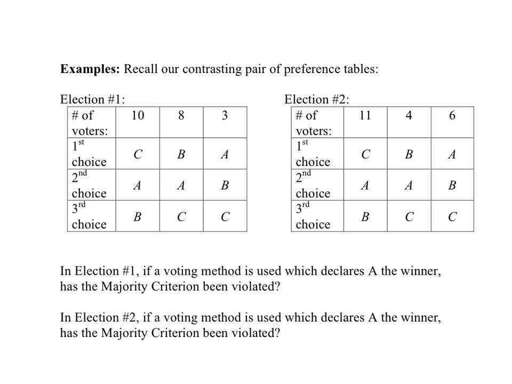So our question now is, in election number 1, if a voting method is used and it declares A the winner, has the majority criterion been violated? And in election number 2, if a voting method is used and it declares A the winner, has the majority criterion been violated over here?